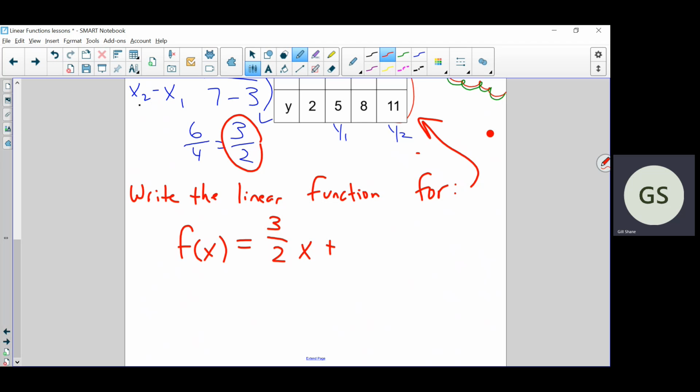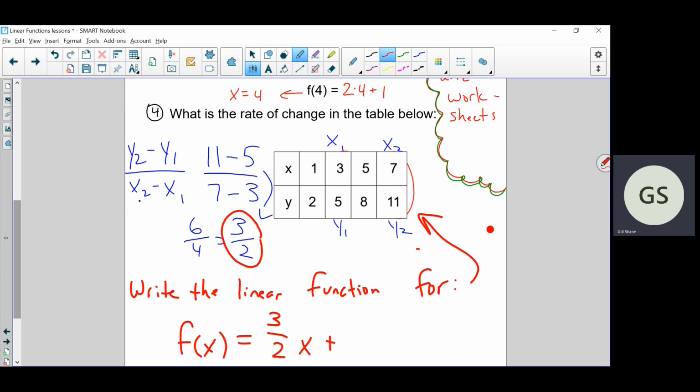So if we're trying to find the y-intercept, we just got to figure out what is the y value when x is 0. Sometimes they'll just give you that in the table. They'll just say x is 0, y is this number. Like if you look at your first page of your sheet, I think number 10, it says x is 0, y is 0. So the y-intercept is 0. See what happens? If you don't have it though, we got to figure it out from the table.